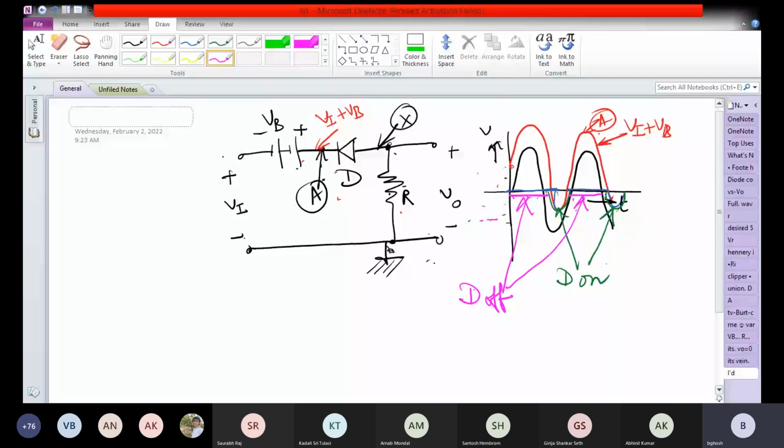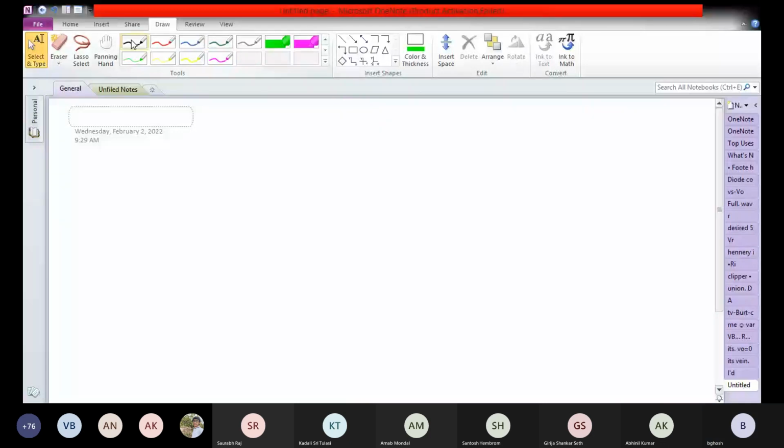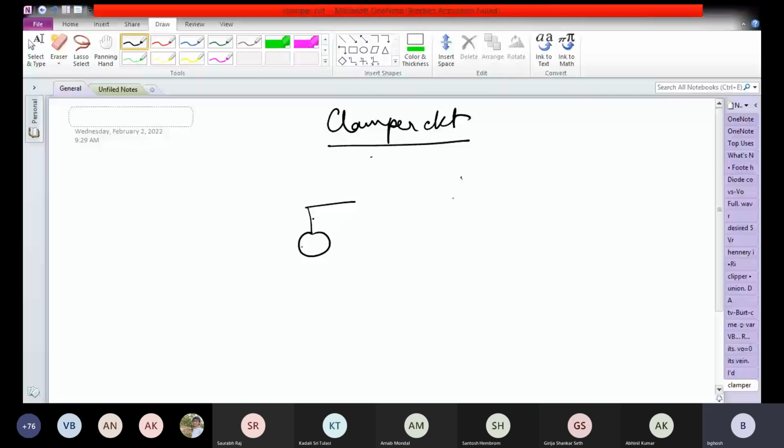Let us now go to another class of circuit called clampers. And this is rather simple. It is an AC source. VI is an AC source. And we have a capacitor in the series arm and a diode in the parallel arm.